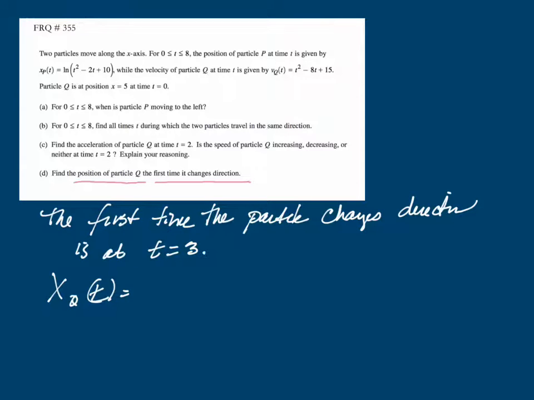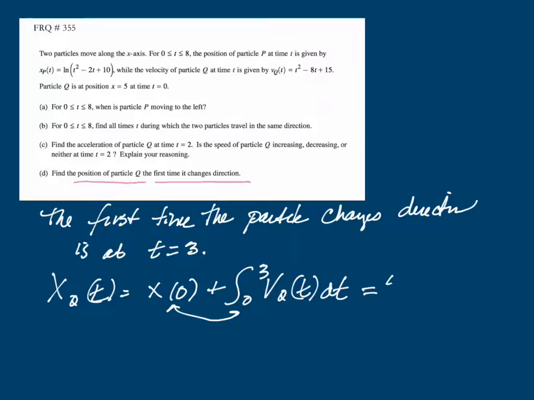And if you're trying to find out where it is 3 seconds later, you have to consider where it started. So we write x of 0, plus the integral from 0 to 3 of V Q of t dt. And we're not asked for net change. We want to know exactly where it is. That's why you have to use the initial condition.